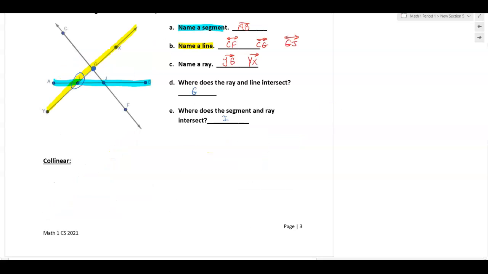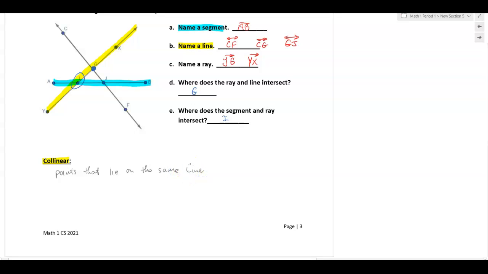So another term we got to discuss is this word collinear. What does it mean if we have collinear points? Collinear means they are all points that lie on the same line.